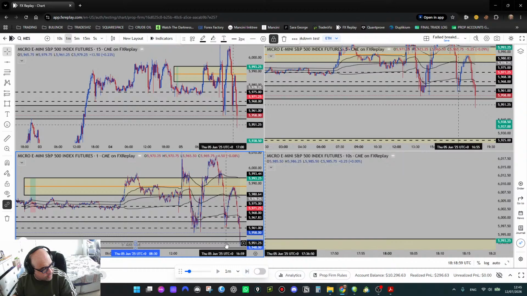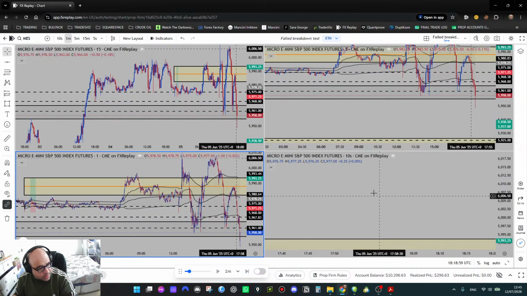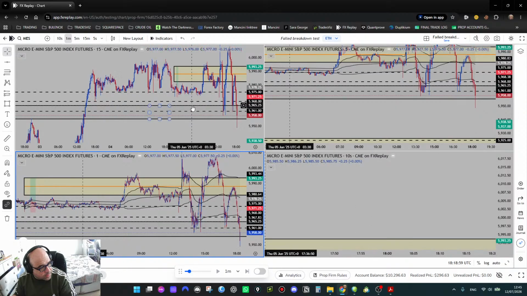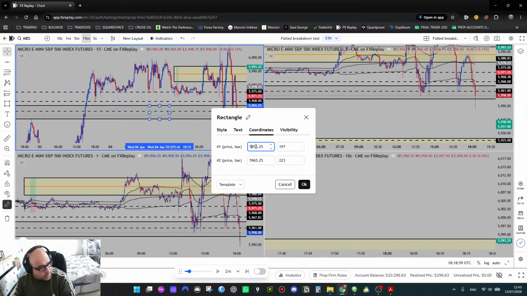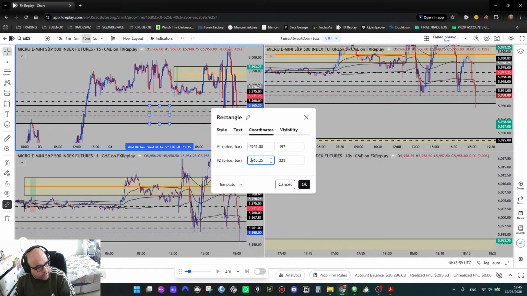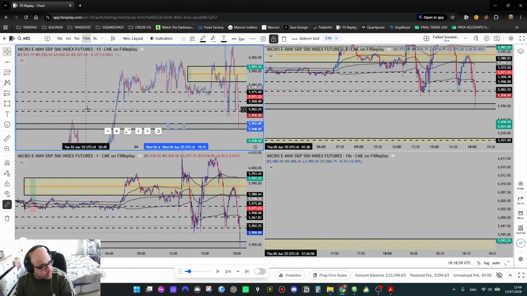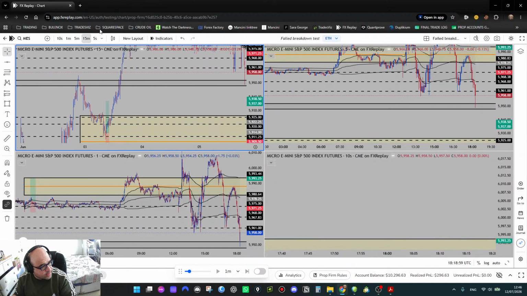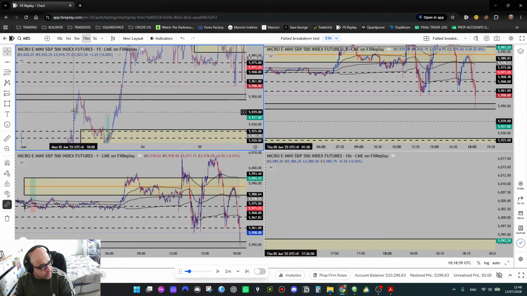So 59.52 to 59.48. All right, there we go. Look, now we can see that it actually back tested the highs of this high. See here? Okay. So in theory, that's one range.